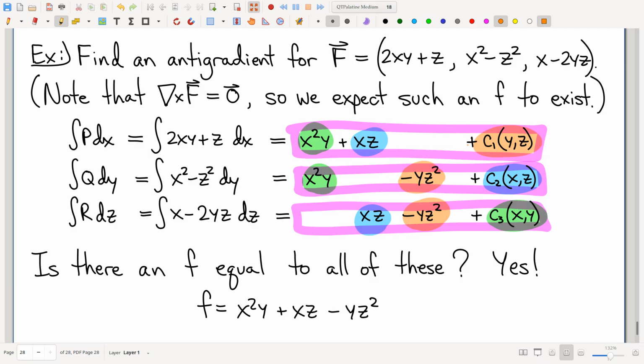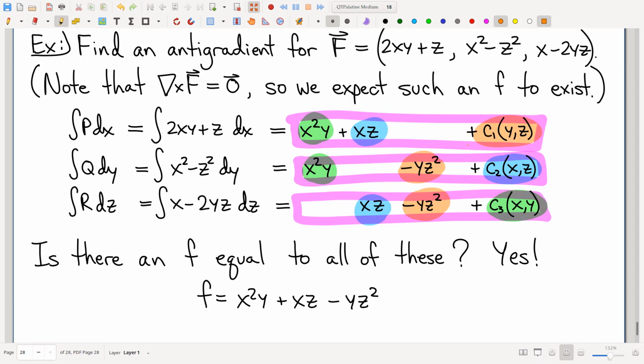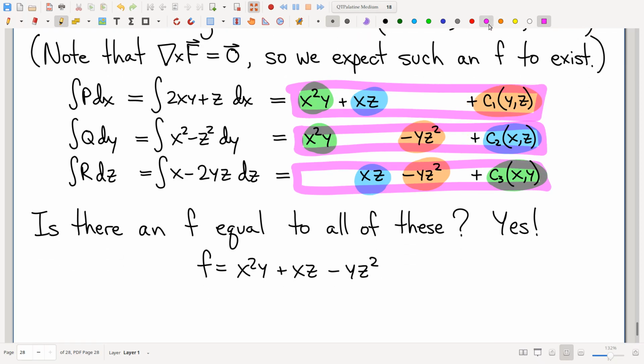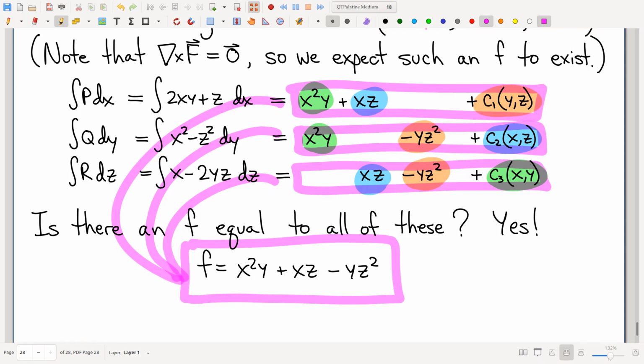Perfectly okay. Well, in fact, we kind of won this game here, right? I mean, we have actually found something that's equal to all 3 of those things. It's green plus blue plus orange. This function right here is equal to all 3 of these things, and therefore it is our anti-gradient.